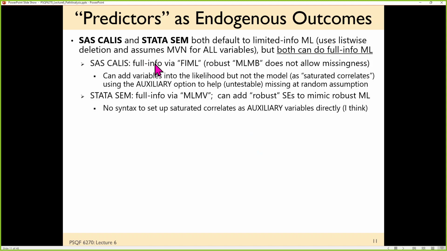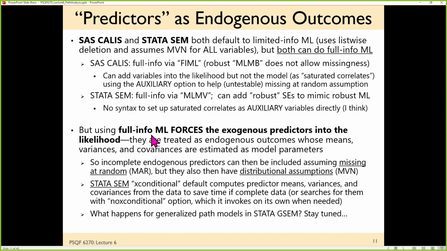By software package, here are your options. So SAS and Stata's original SEM both do full information maximum likelihood. SAS does not have the robust version that allows missing data. Stata has something called MLMV, which is full information and adds robust to it. This forces all predictors into the likelihood whether you like it or not.